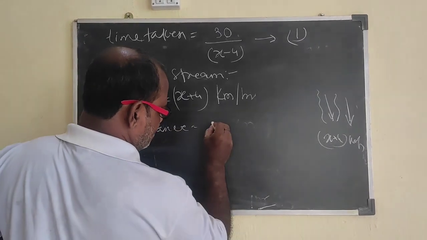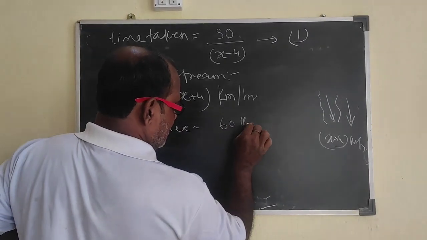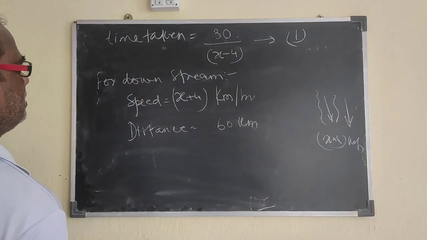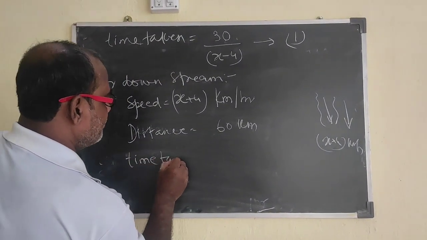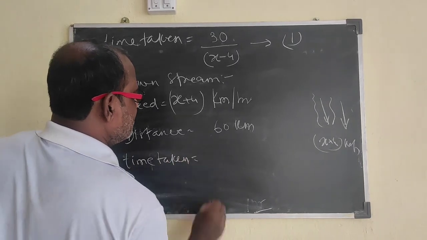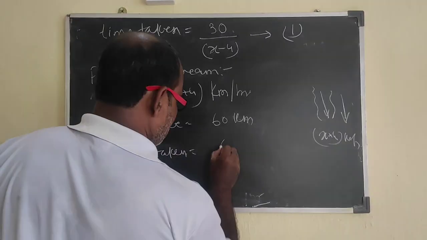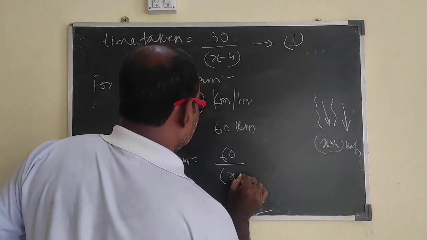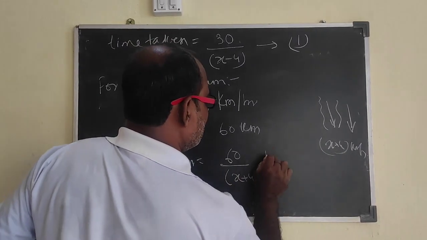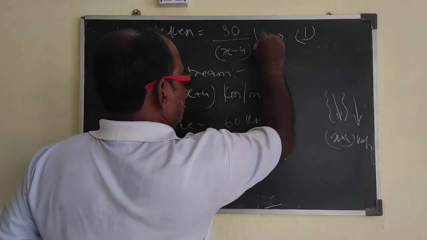Distance is equal to 60 km. Therefore, time taken is equal to 60 by x plus 4 hours.